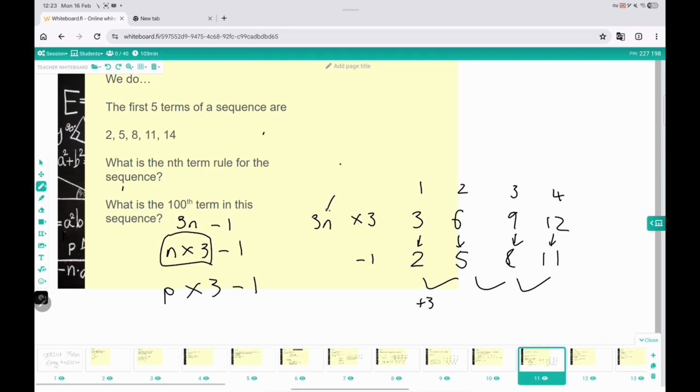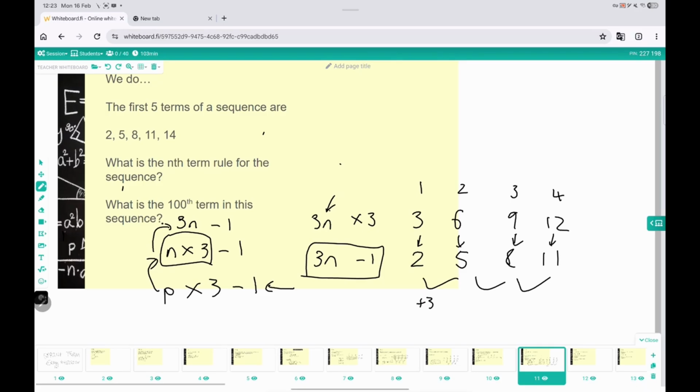As you can see, the usefulness of saying I know this is the 3n bit of it is that I can say we minus 1 from 3n, so you can get straight to there. It's up to you whether you decide to go from the position to term rule and convert it to n, to a proper expression. Up to you.